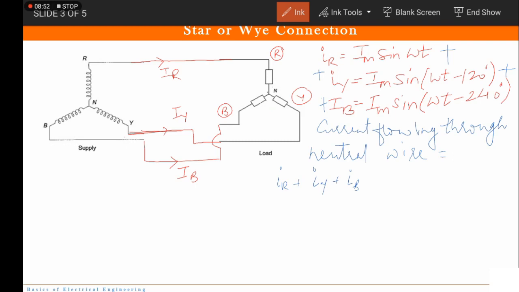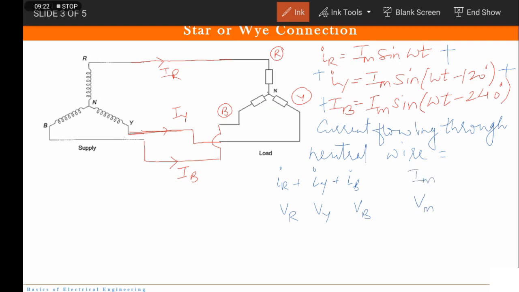If you remember this discussion from our first lecture, we had a similar equation, but there we discussed voltage, and here we are discussing current. Otherwise everything is the same. There we had VR, VY and VB, and here you have IR, IY and IB.